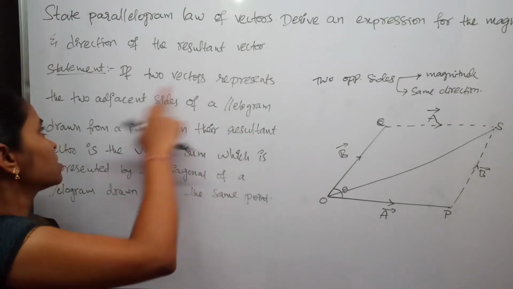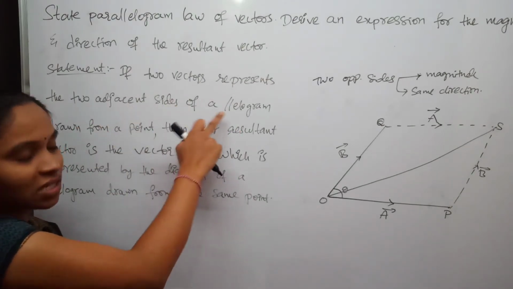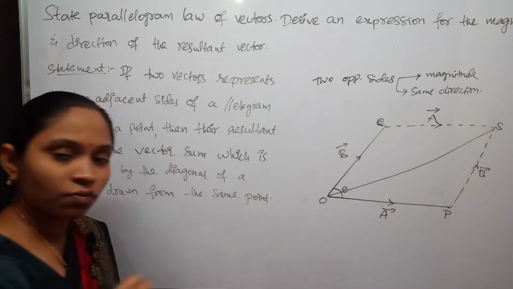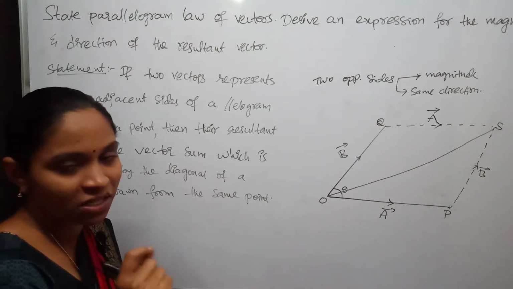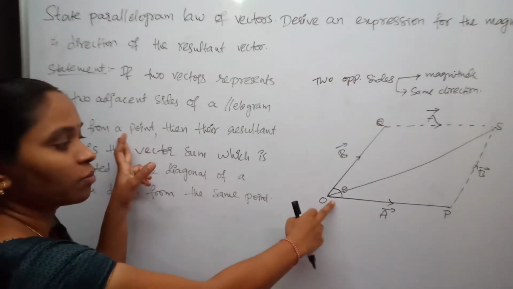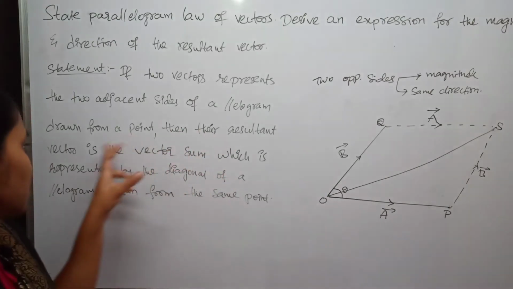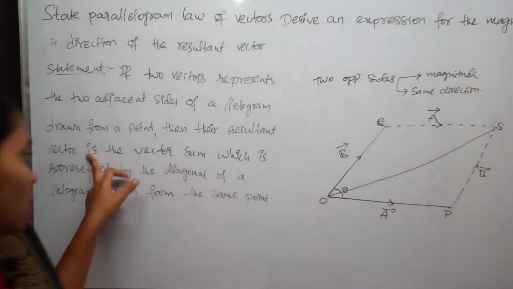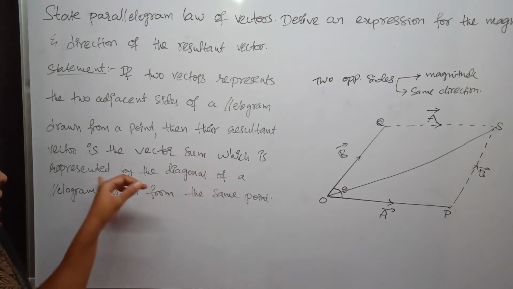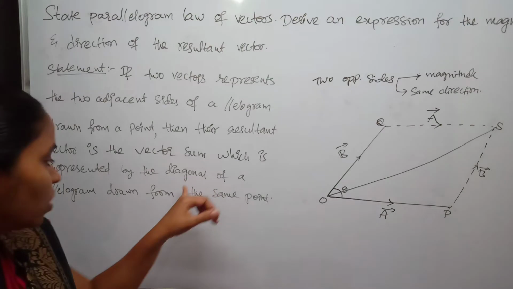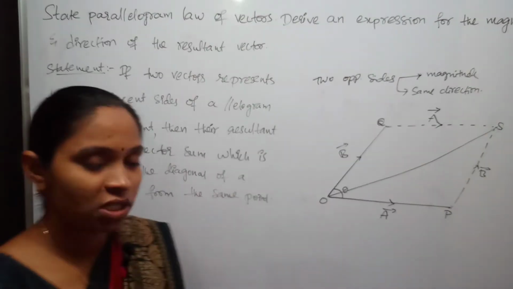If two vectors represent the two adjacent sides of a parallelogram drawn from a single point, then the resultant vector, this is the resultant vector, is the vector sum which is represented by the diagonal of the parallelogram drawn from the same point.